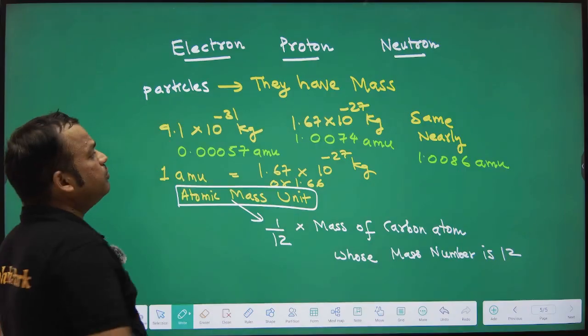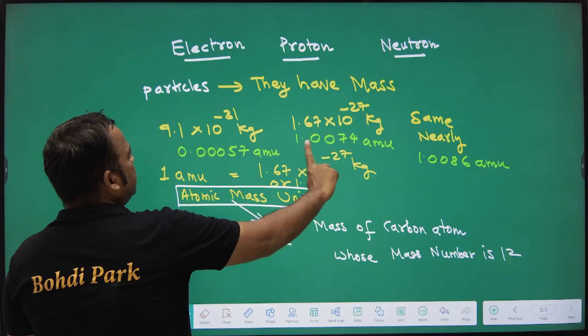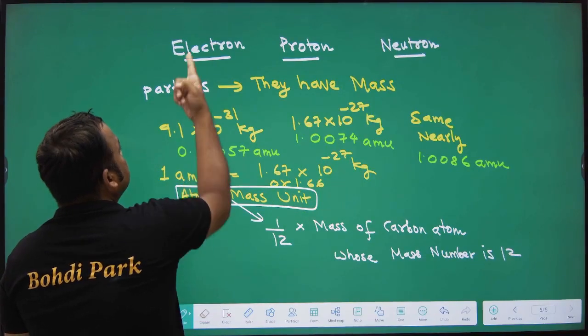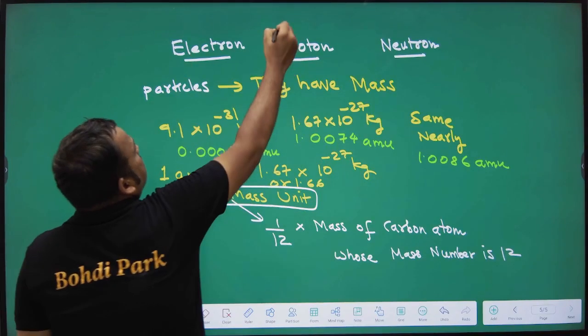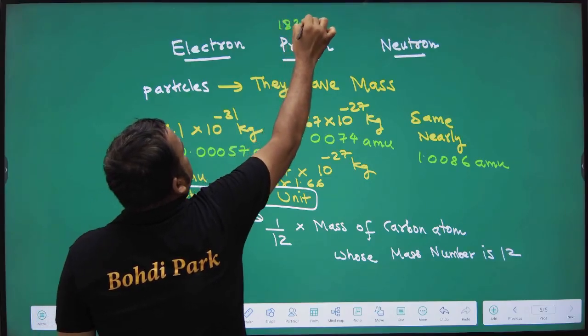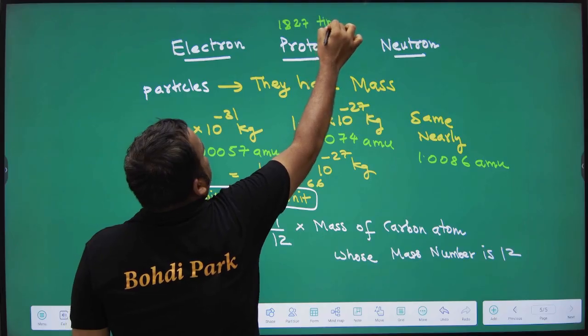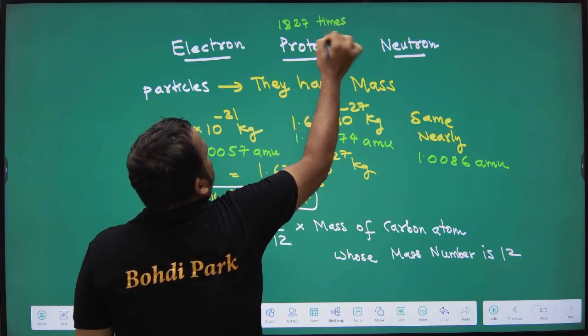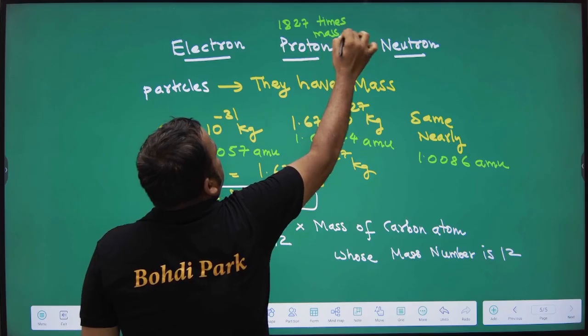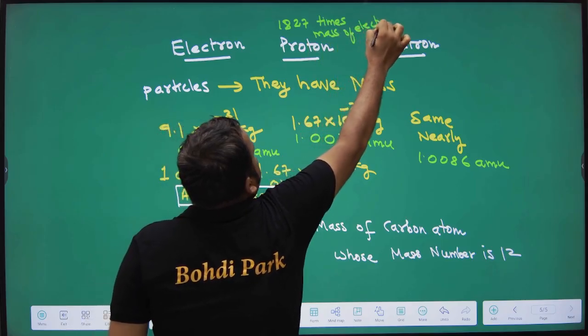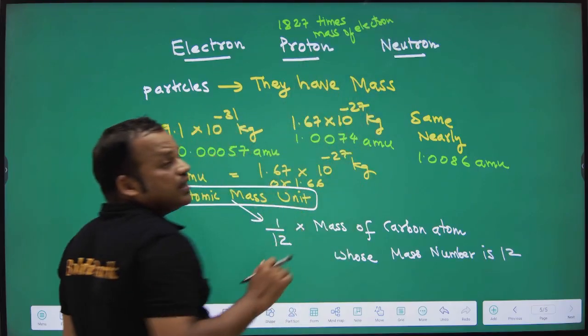So the mass of proton is very large as compared to the mass of electron. The mass of proton is around 1827 times the mass of electron. So the proton is heavier, almost 1827 times the mass of electron.